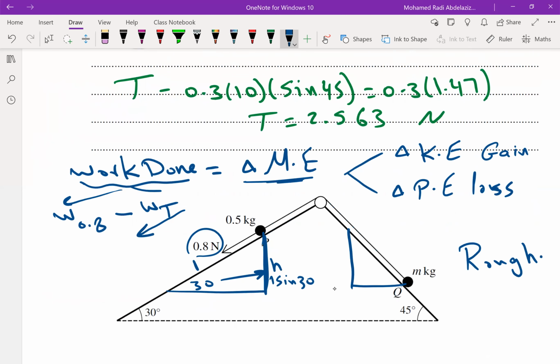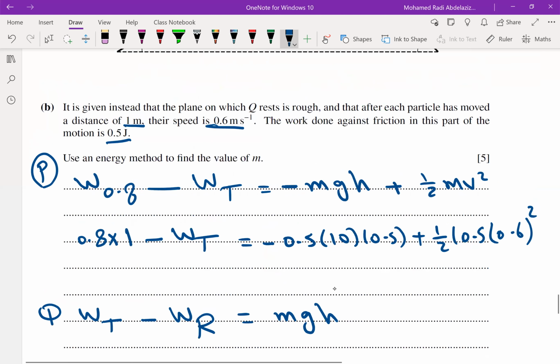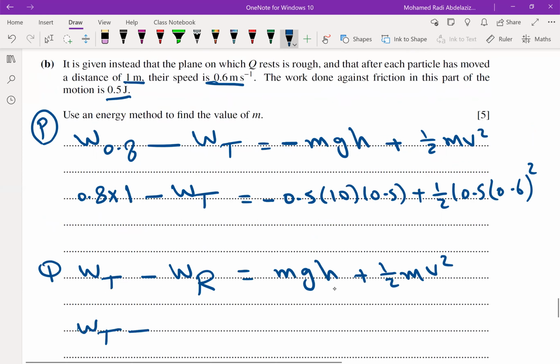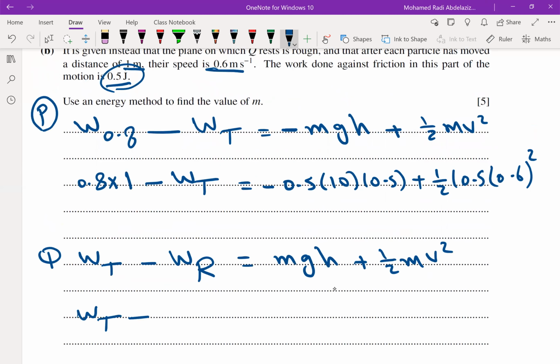To get the vertical height, if this distance is 1 and this angle is 45, use 1 sine 45, and you will get the perpendicular height √2/2. mgh is a gain, and half mv squared is also a gain. So when you substitute in this equation, the work done by tension minus the work done against resistance, 0.5 as given in the question, is equal to: mass is not given, g is 10, perpendicular height is √2/2, plus half, mass is not given, velocity 0.6 squared.